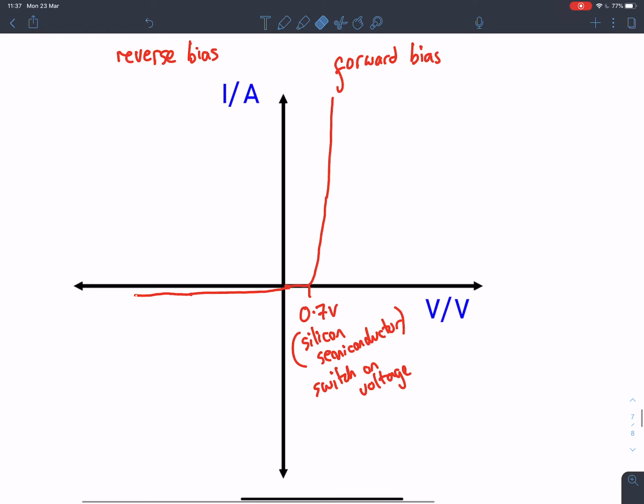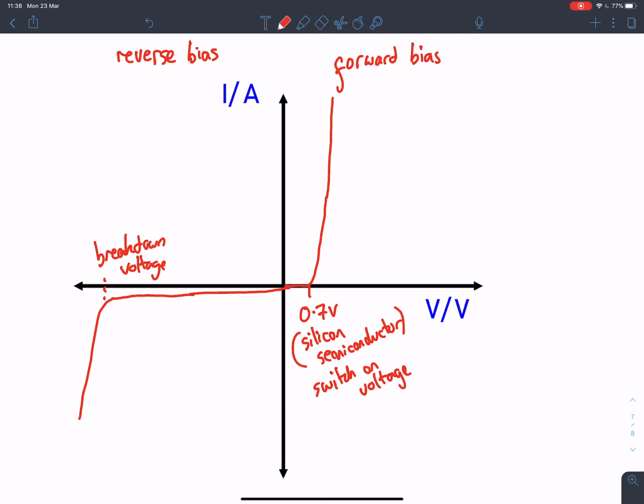Eventually, if I keep increasing that backwards pressure, I'm going to have a certain breakdown voltage, at which point the current starts to flow in the opposite direction. So this is the current voltage characteristics for a diode.